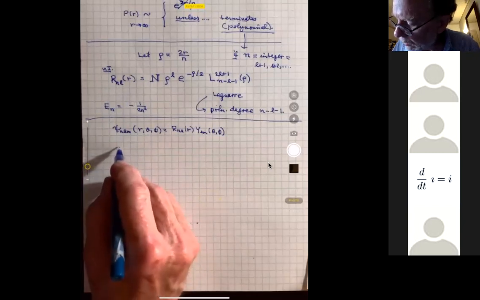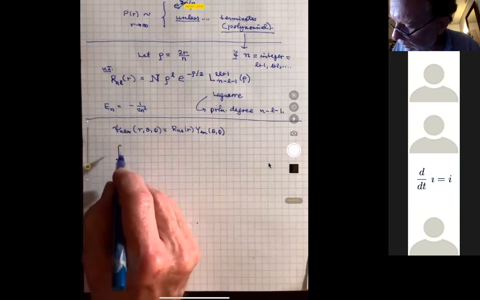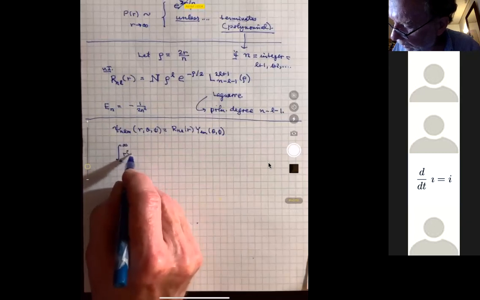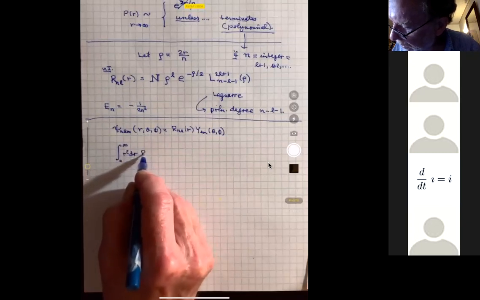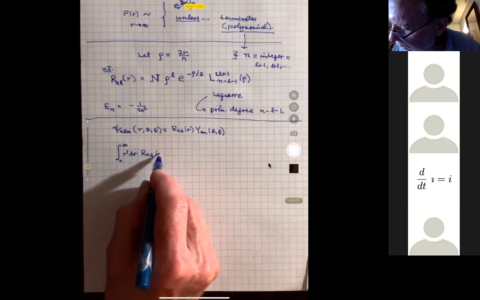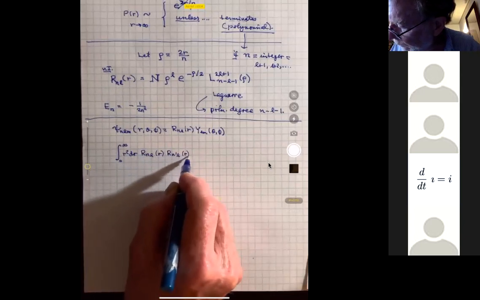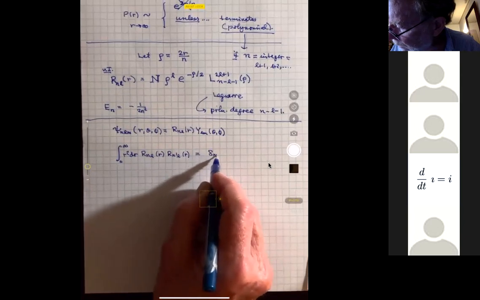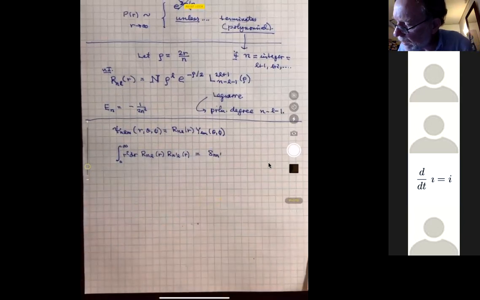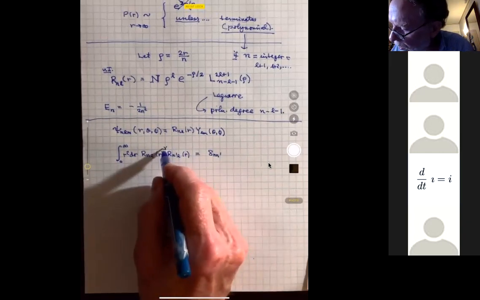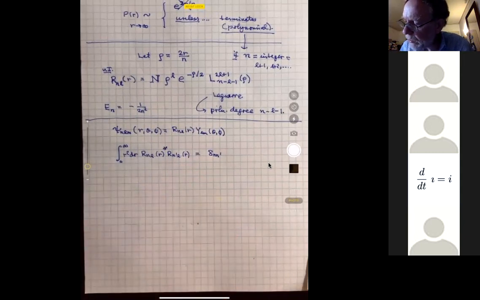What that means is there's an orthogonality relation, the integral from 0 to infinity of r squared dr times R n L of r times R n prime L of r is equal to Kronecker delta n n prime. This assumes that you've normalized the wave functions. But if you have, then you have this. I could put a star in this if I want to, but these wave functions are normally real, so you don't need that.